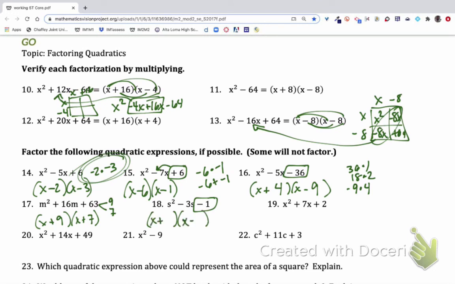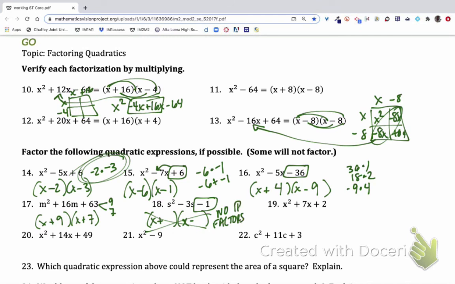The trouble is, I can't multiply any real number by another real number and get negative 3 when I add them. Okay. Just can't do it. No factors.